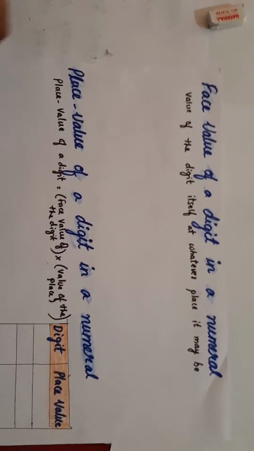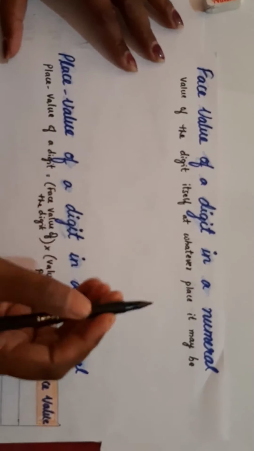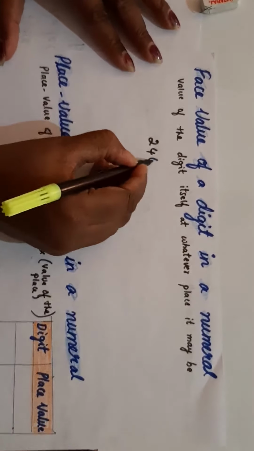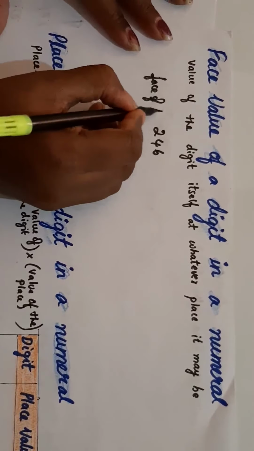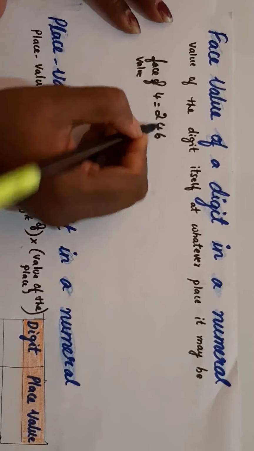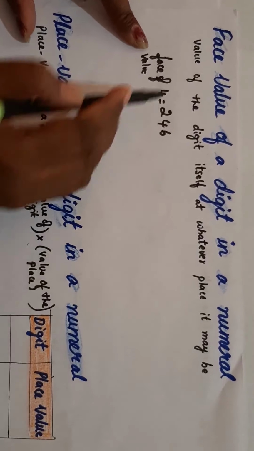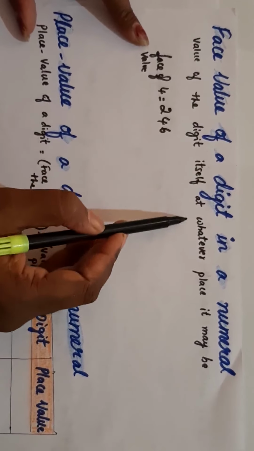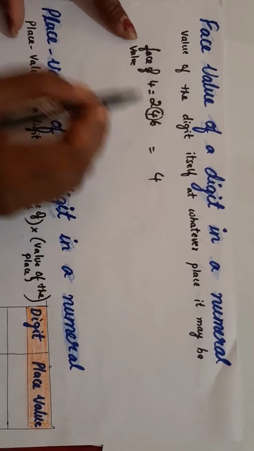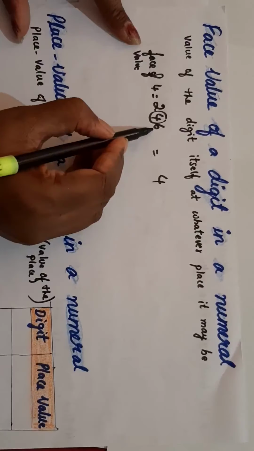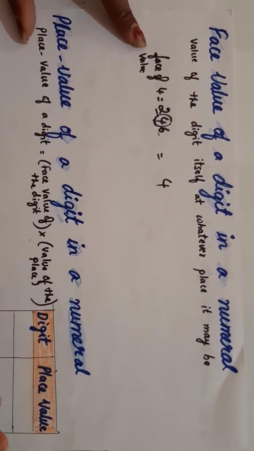Face value of a digit in a numeral and place value of a digit in a numeral. Any number is given, for example 246. What is the face value of 4 in this number? The face value is the value of the digit itself, so 4 is the face value of 4, whatever the place may be, whether ones, tens, hundreds or thousands.